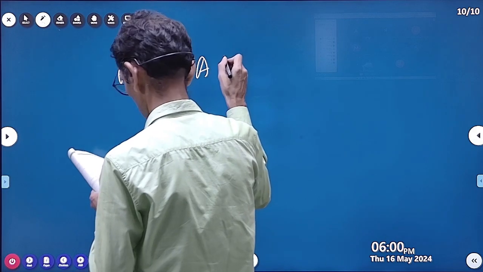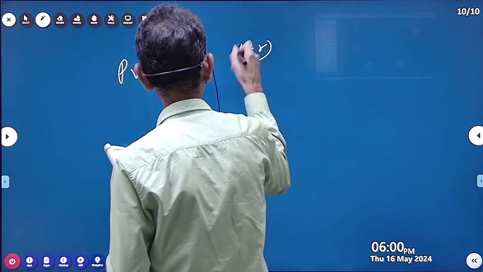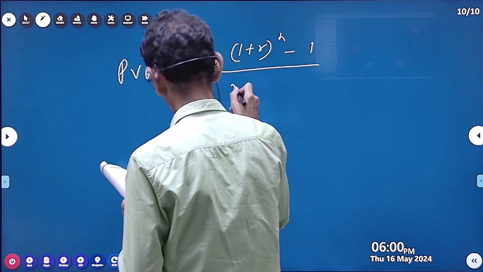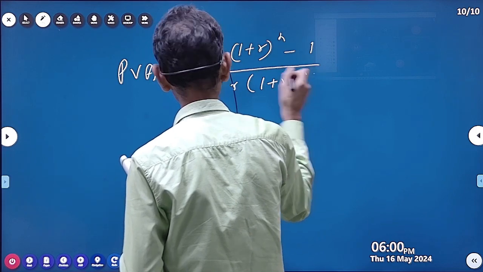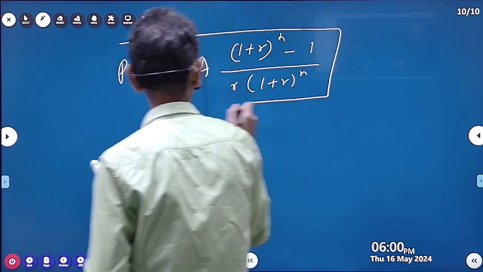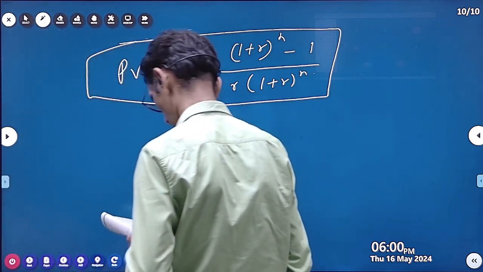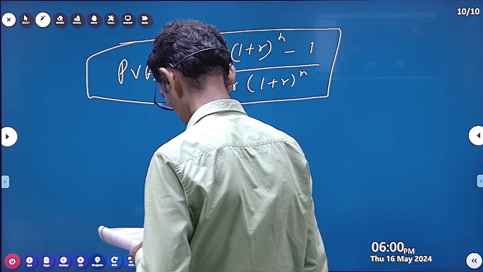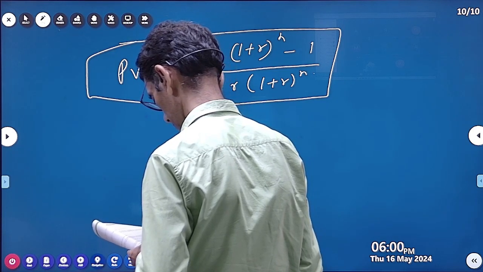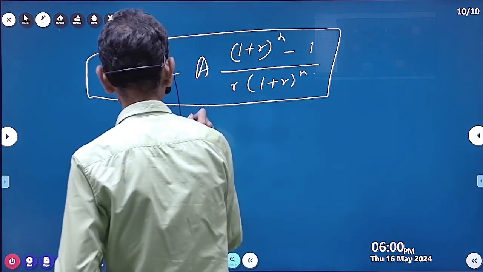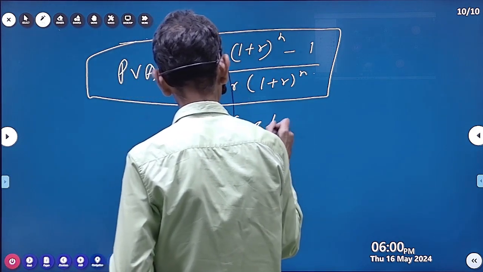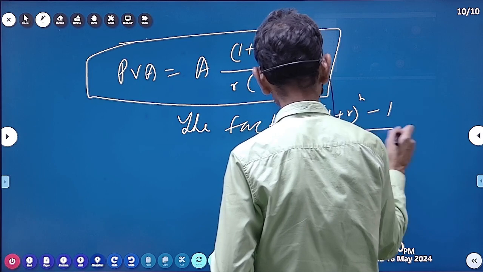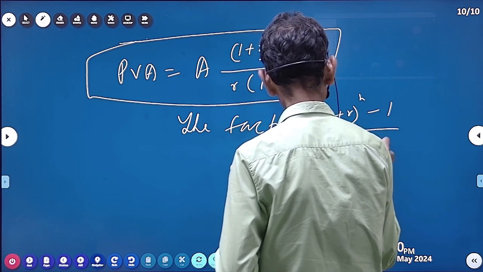PVA equals A times [(1 plus R) whole to the power n minus 1] divided by [R times (1 plus R) to the power n].